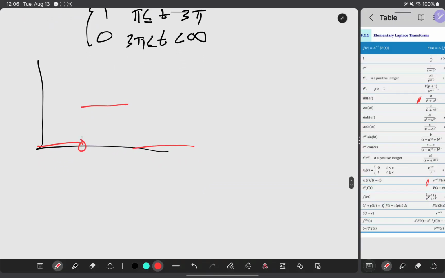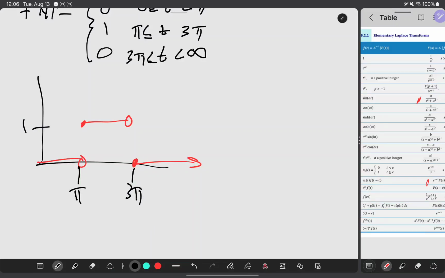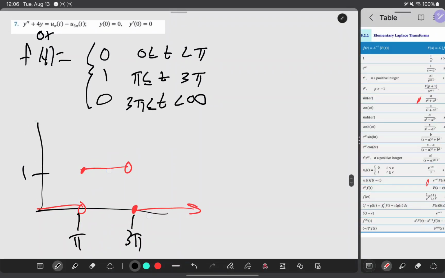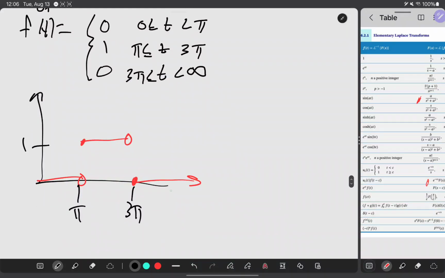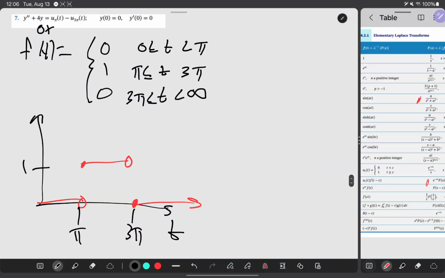This is open, this is closed, this is open, this is closed, this keeps going. This is pi, this is 3 pi, this is 1. So this is all you really need for your graph. If you want to get specific with your bounds, this is t, this is f of t.